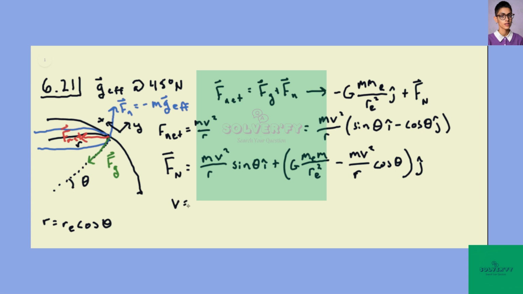So the speed of the uniform circular motion is 2 pi r, which is our R_e cosine theta, divided by the length of a day.